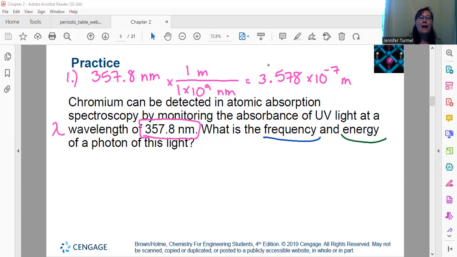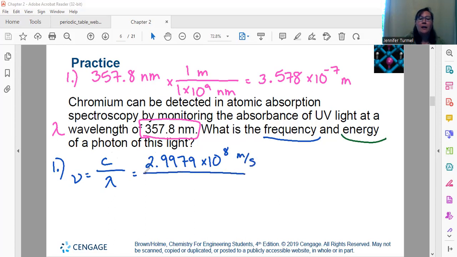Once we have that, let's go ahead and find frequency. You remember that in our equations, frequency is equal to c over lambda, which is 2.9979 times 10 to the 8th meters per second, divided by our lambda value, which we found up here, of 3.578 times 10 to the negative 7 meters.